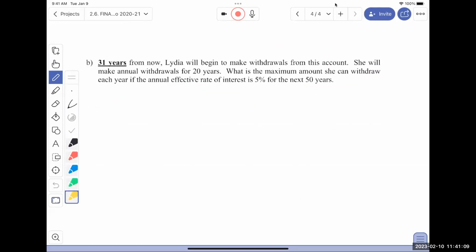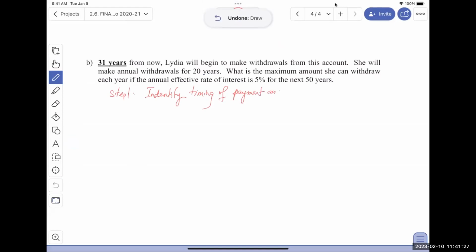Step 1. I'll say the word frequency, to identify time.